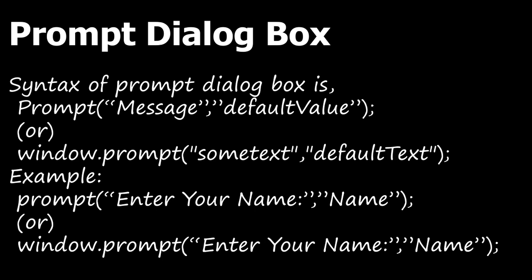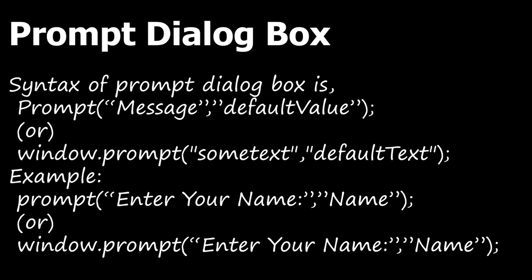Here you can see it has two parameters, right? Inside prompt we open the bracket, inside that, inside double quotes, first the message, then a comma, and inside another set of double quotes, the default value or default text will be there.